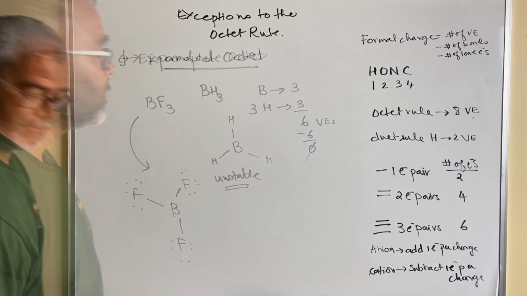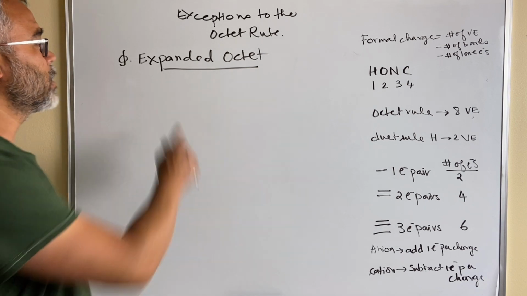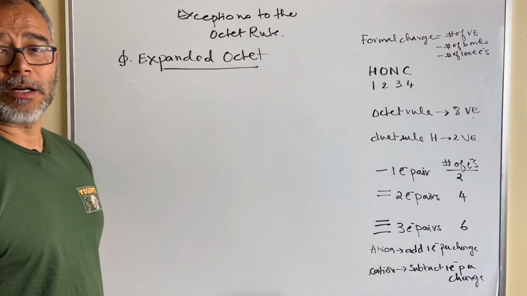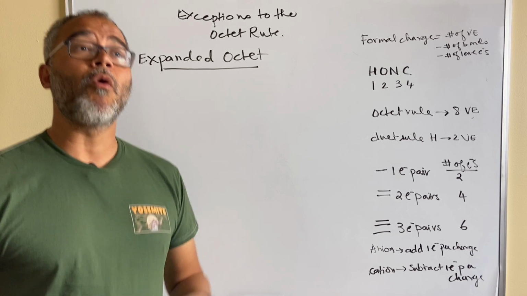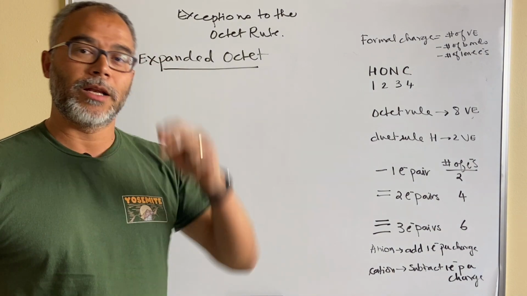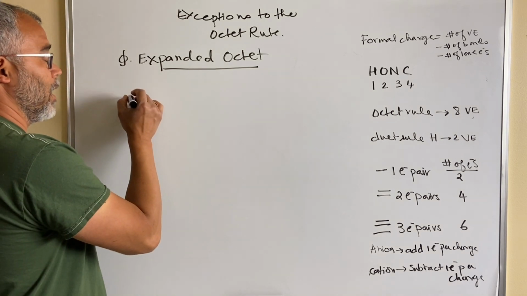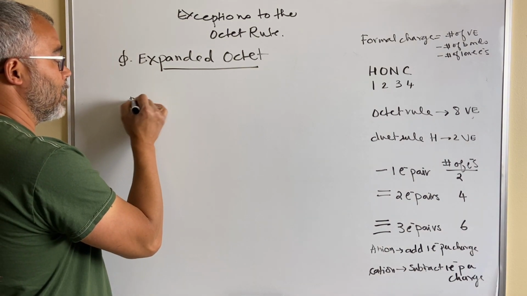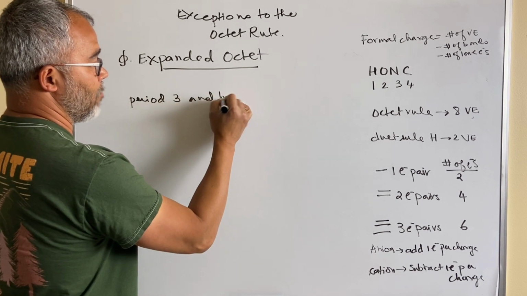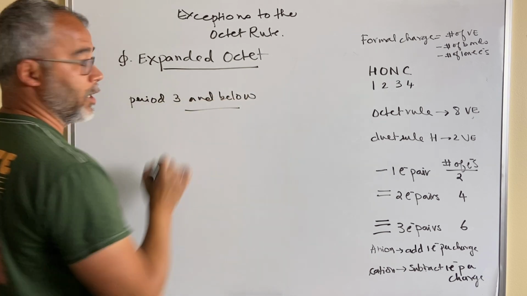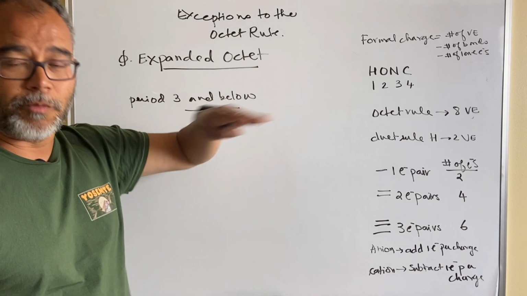Okay, let's direct our attention to the next exception to the octet rule, which is called an expanded octet. An expanded octet is basically where you have more than 8 electrons in the octet. This usually happens in elements that are in period 3 and below of the periodic table. If you recall the periodic table, you have period 1, period 2, period 3.